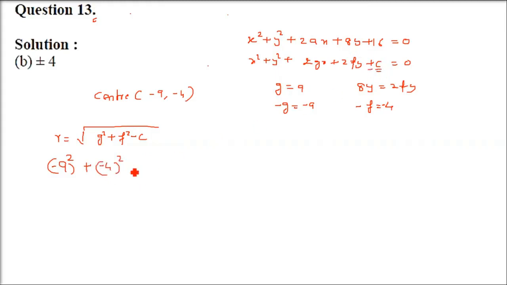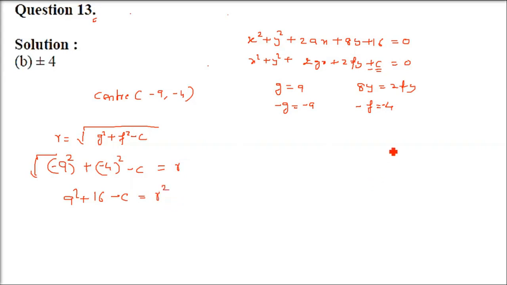It doesn't matter if you put minus g or minus f, or g or f. Minus c, c is 16 here. This is r square. Actually it's r, because for r square we are going to square it. So a square plus 16 minus 16, and now this is r.